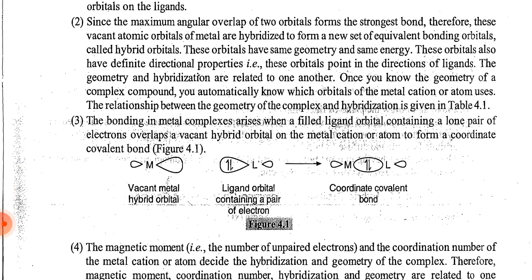Bonding in a metal complex arises when a filled ligand orbital containing a lone pair of electrons overlaps a vacant hybrid orbital on the metal cation or atom to form a coordinate covalent bond. Vacant metal hybrid orbitals overlap with ligand orbitals containing a pair of electrons to form metal-ligand bonds.